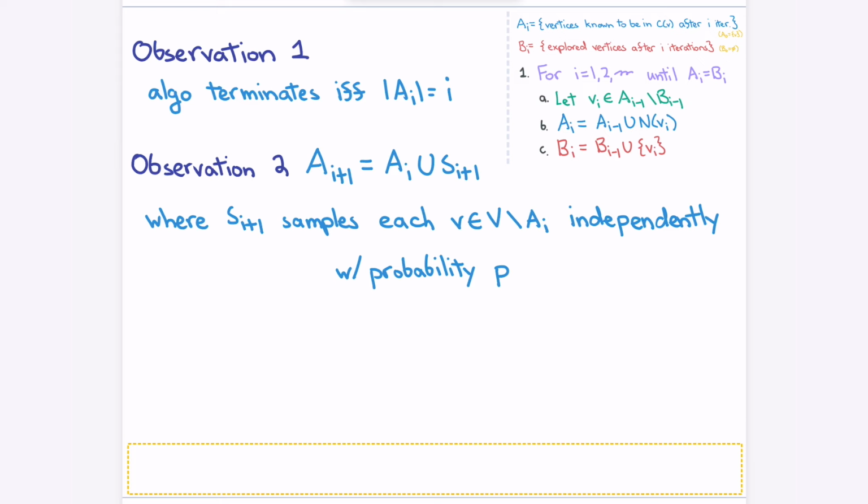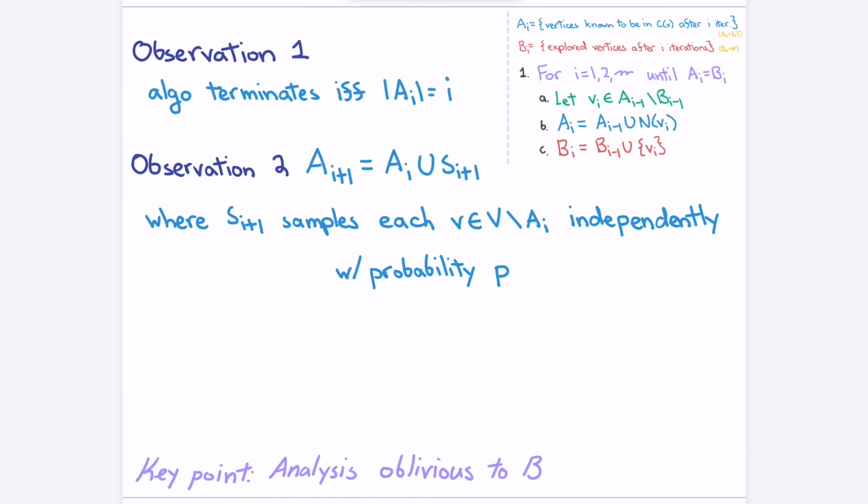One thing nice about these two observations, which at some level don't seem to say much, is that they're going to simplify our analysis. I'm no longer worrying about B, and I'm not worrying about the vertex that I pick anymore. Now I'm basically just studying this set A_i. I'm focusing on the cardinality of A_i to see when the process ends, and to get A11 from A10, I just sample.